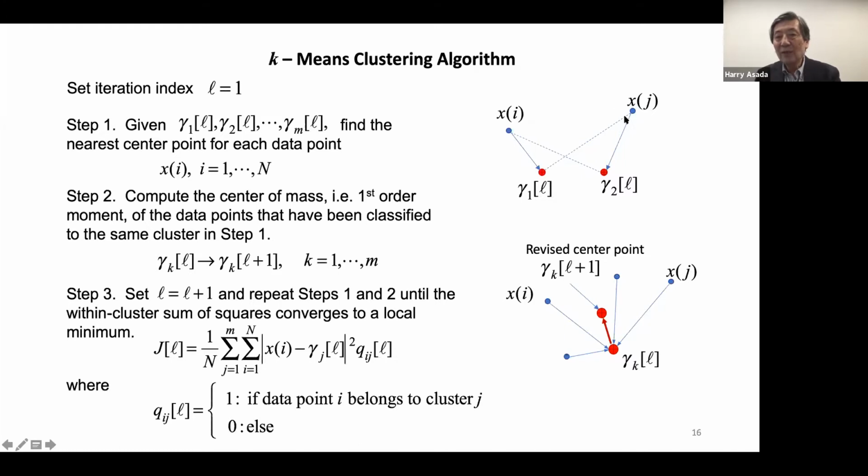Comparing this distance, this one is shorter, so this data point xj belongs to gamma 2. After you do this for all the data points 1 to N, all the data points have some address.